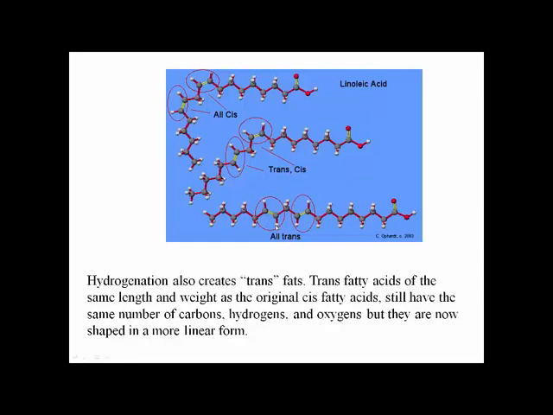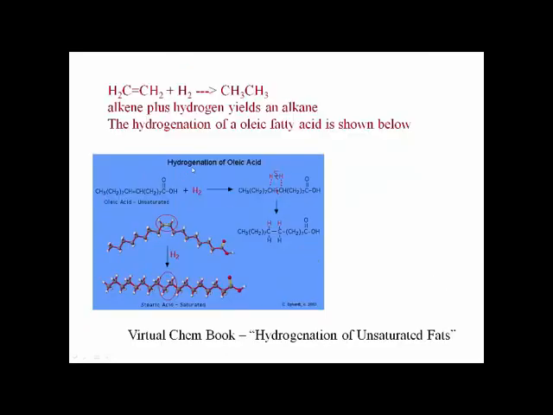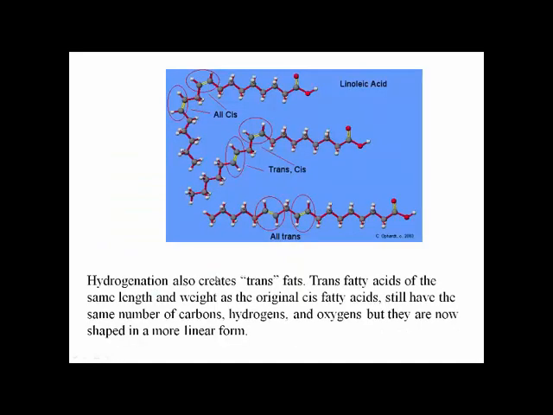These have the same numbers of oxygen, carbon, and hydrogen as our unsaturated fatty acids, but because they've been manipulated, these are now in trans configuration, and they also act as saturated and actually have been shown to be even worse than saturated fats. So hydrogenation is changing vegetable oils to a state that's not going to do you any good, and creates trans fats, which are very dangerous for you as well.